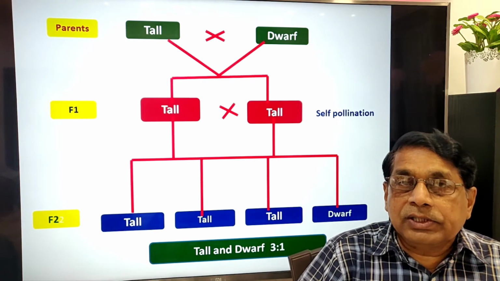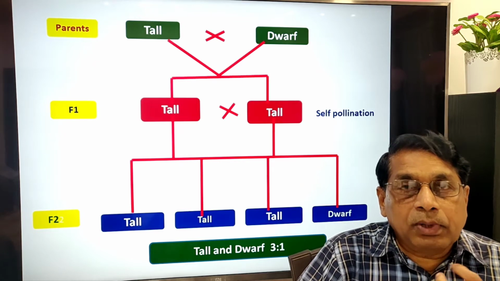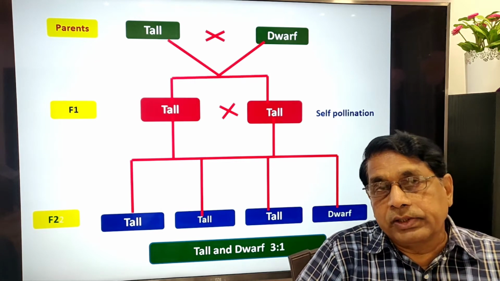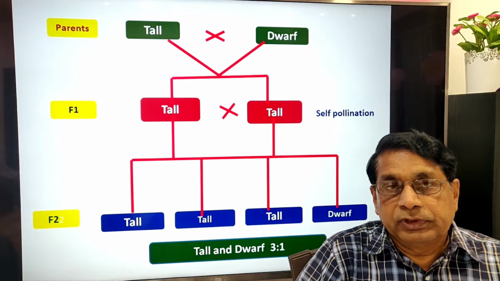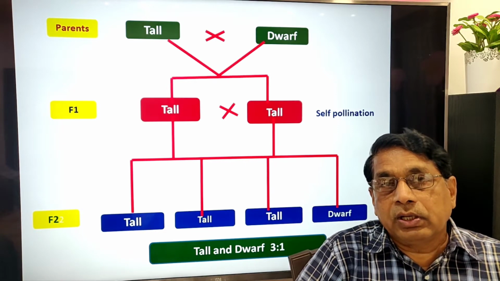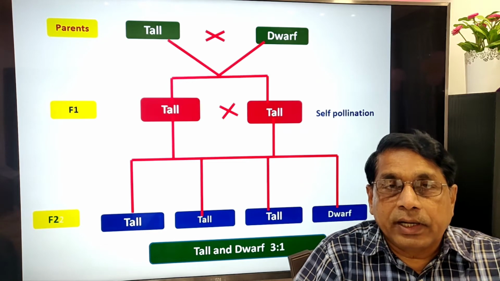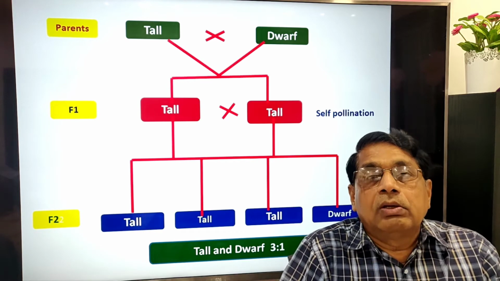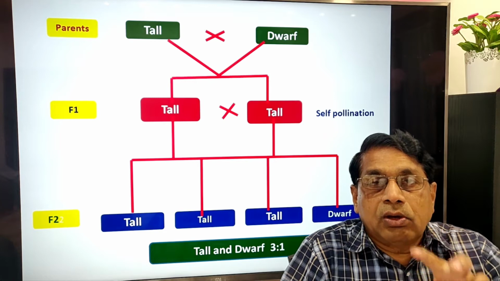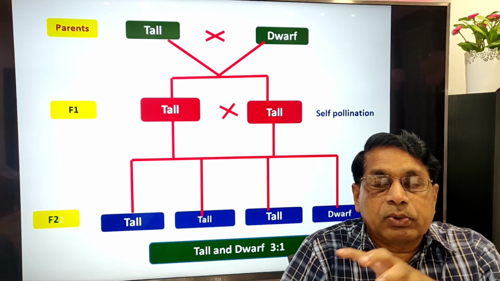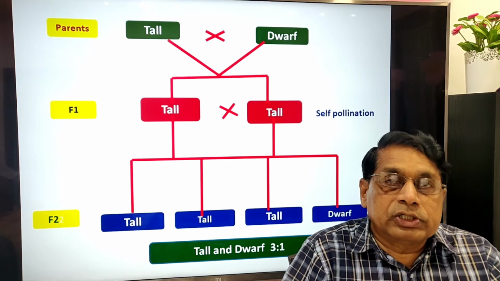In the second filial generation, he observed both tall plants and dwarf plants. With his mathematical background, he counted all the tall plants and all the dwarf plants, and ultimately came to the conclusion that tall plants and dwarf plants are produced in a 3:1 ratio.